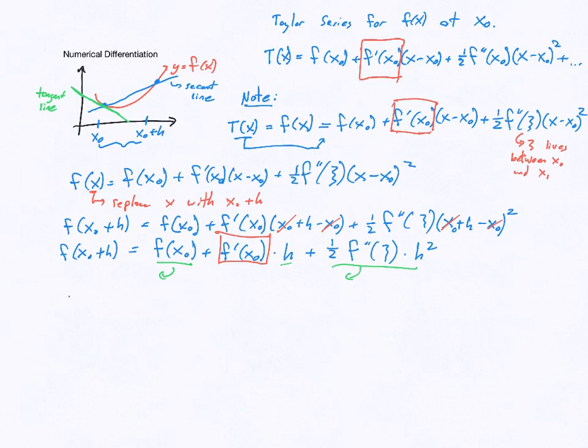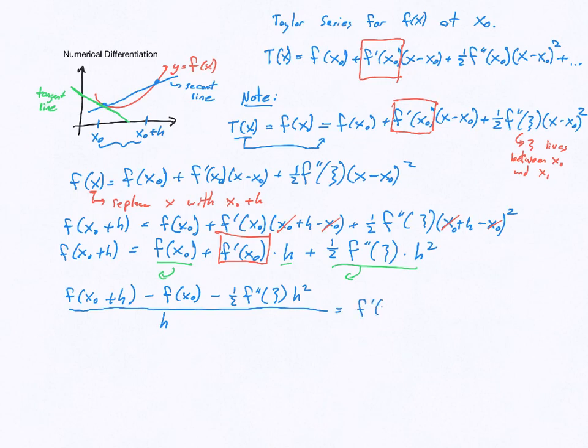So I'm going to have f of x naught plus h minus f of x naught, and then minus 1/2 of f double prime. Oh, I almost forgot this little, nope, that's perfect. I thought I made a little mistake, but I didn't. That's very rare. h squared, and then the whole thing divided by h. And that is going to equal our f prime of x naught.